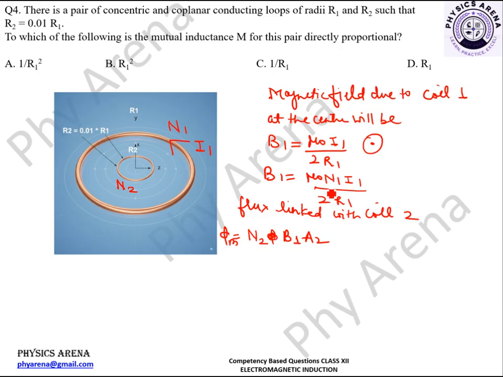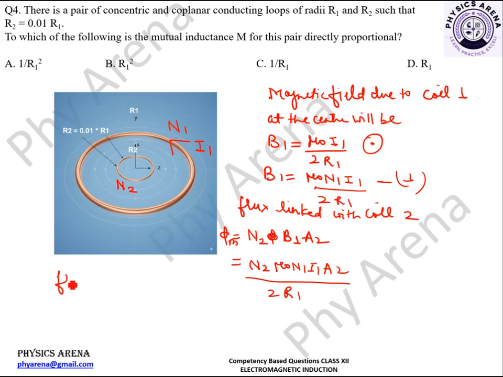We can use the value of B1 obtained from equation 1 in this equation. That gives N2 mu naught N1 I1 A2 divided by 2 R1. So this is the total flux linked with the inner coil.